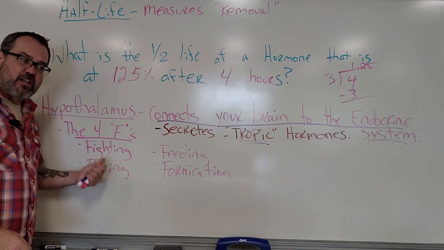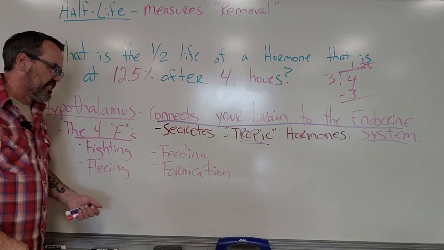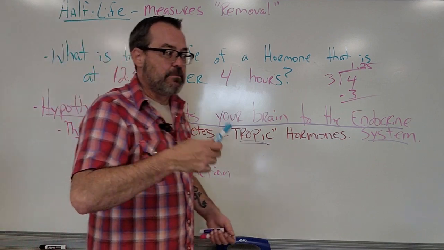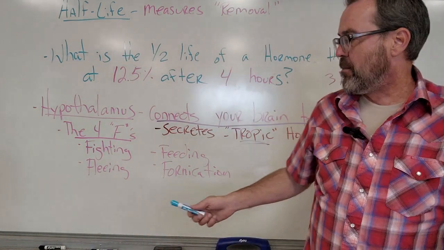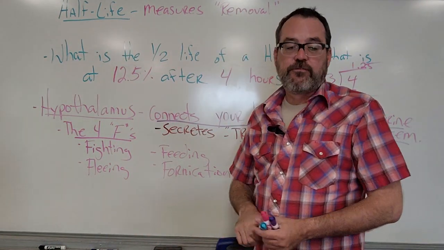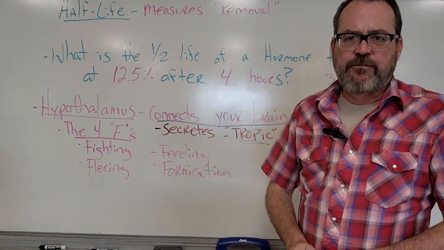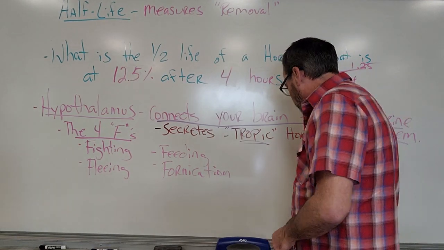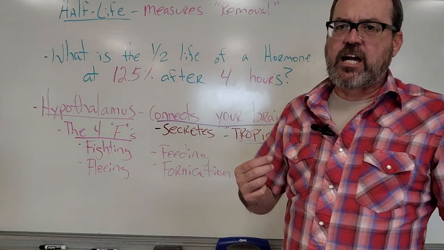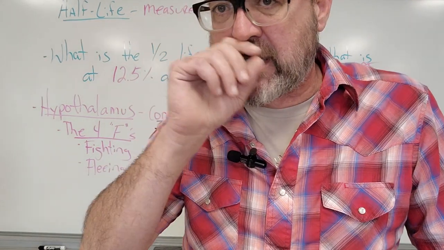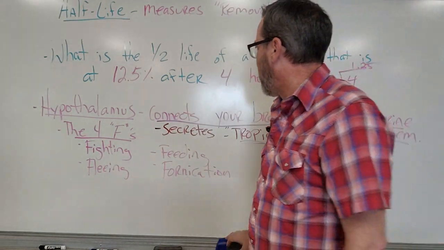So if we've got to fight for our life or run for our life, we've got our hypothalamus involved. For feeding, when it comes time for feeding, hypothalamus, or for fornication. Those are the 4 F's. Fighting, fleeing, feeding, and fornication. So that's a quick, basic introduction, startup for the endocrine system, kind of covering all of those bases.